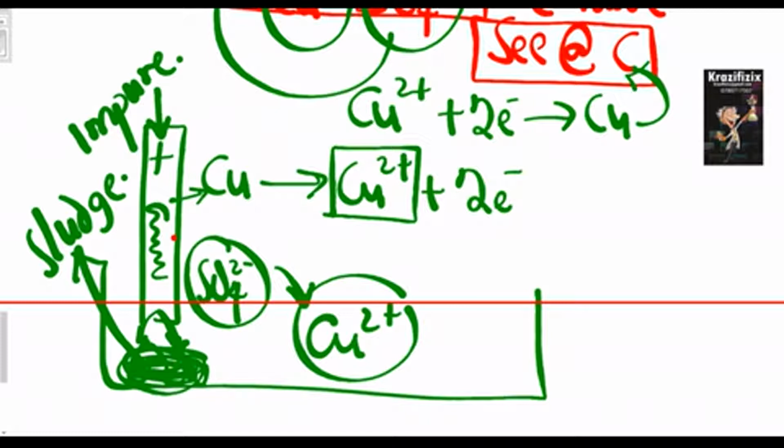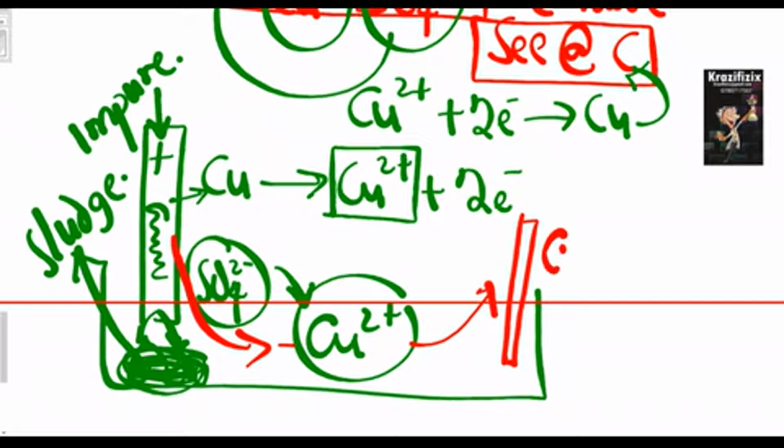So at the end of the day, we would have extracted copper by taking it into Cu2+, which moves towards the other electrode, and then it's converted back into copper. That is the same process, a simple process of electrorefining of impure substances. So all metals are actually refined in such a way.